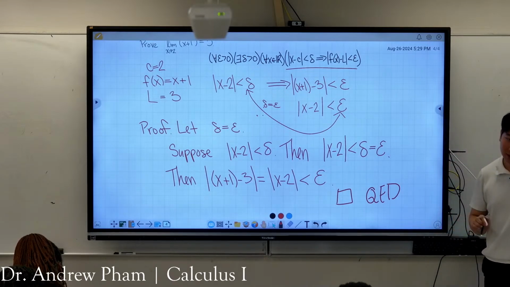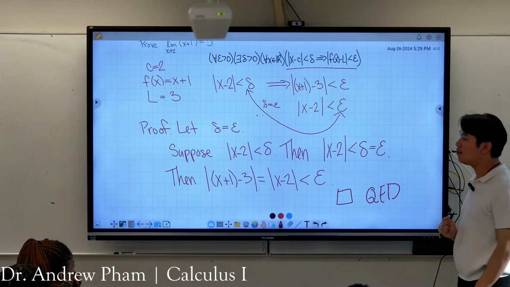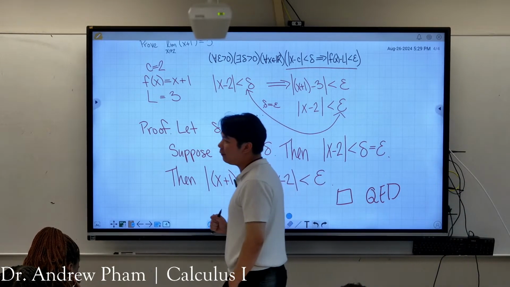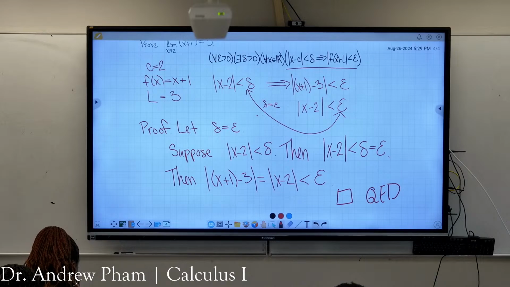Does anyone remember what that stood for? It was definitely something in Latin. It's not something you need to know for a test. I'm asking as a general question. Essentially, yeah, what we wanted to show has been shown, or what we wanted to prove has been proven.